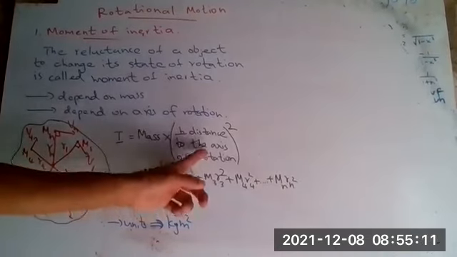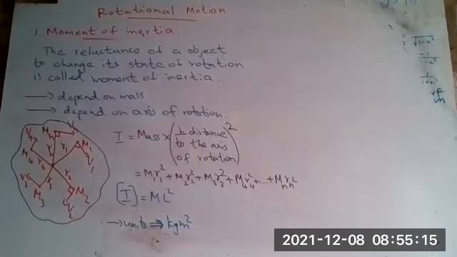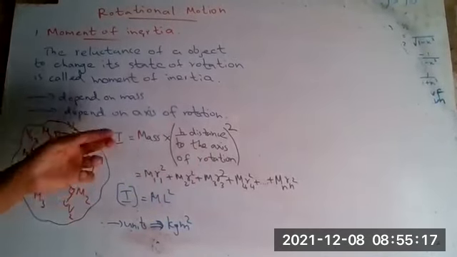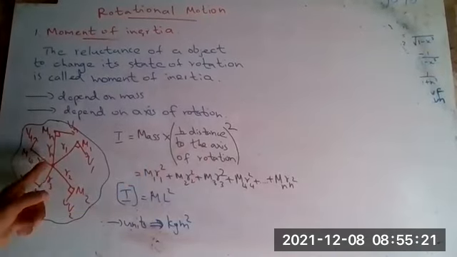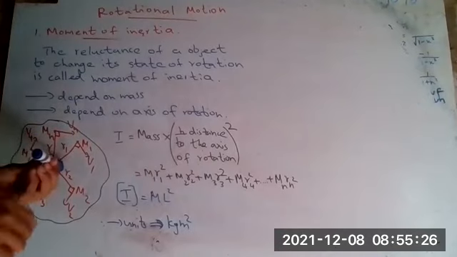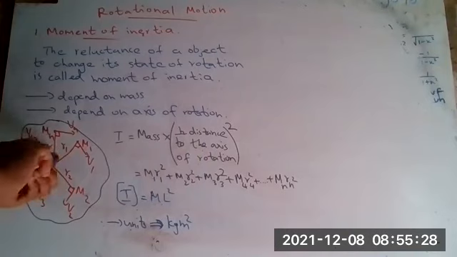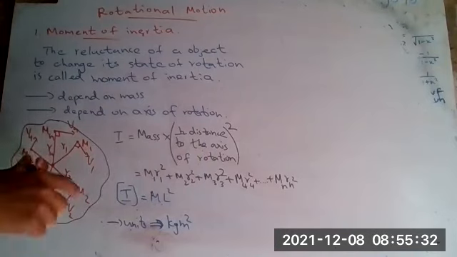Now here, the axis of rotation is like this, so the whole system is rotating like that.